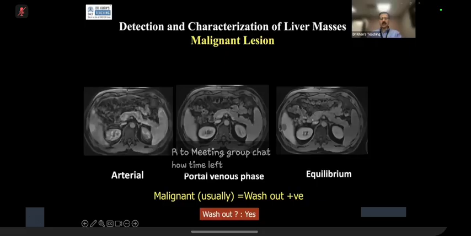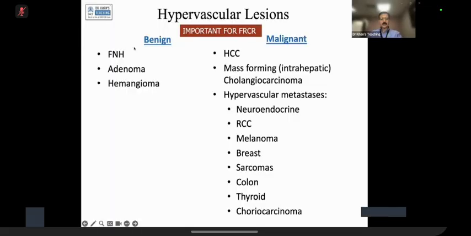So once you pick this up, it means malignant. It can be HCC versus metastasis and cholangiocarcinoma, etc.